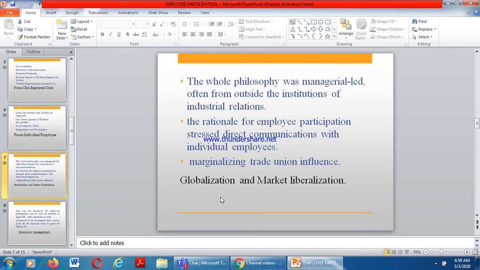Now come to globalization and market liberalization, which were the trends in the post-91 era, and still they are the trends. But we don't know, students, what will happen after COVID-19.